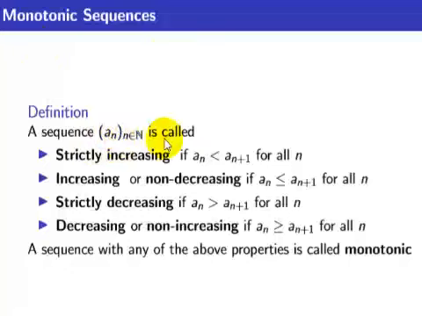It is called strictly increasing if the general term a sub n is smaller than the next term, a sub n plus 1. This should be true for all n.